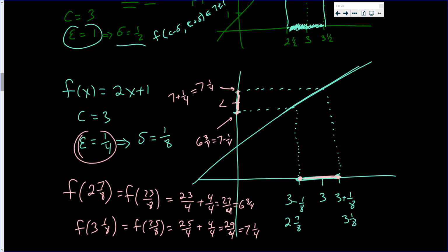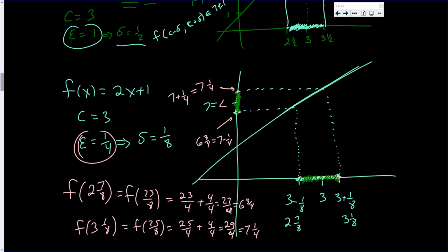So I can go up 1/4 and down 1/4 from 7. And look at how well it works. f of everything in here, including the endpoints, lands in here.